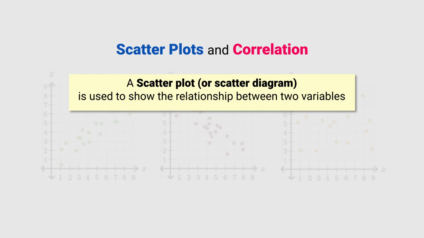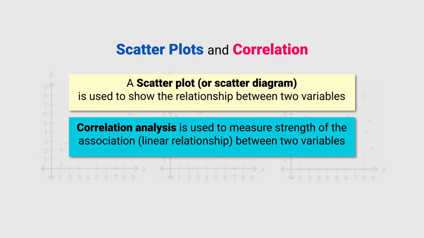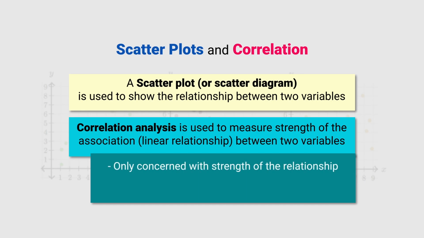Learners can recapitulate or visit the correlation presentations to find out how we studied scatter plots and correlation, but regression is one step ahead of that, and that is the reason we have put an exclusive session on regression analysis. We have observed that a scatter plot is used to show the relationship between two variables, and correlation analysis is used to measure the strength of the association, that is the linear relationship between two variables, and is only concerned with the strength of the relationship.